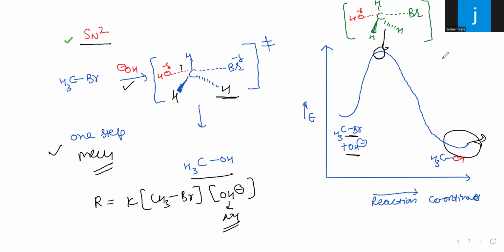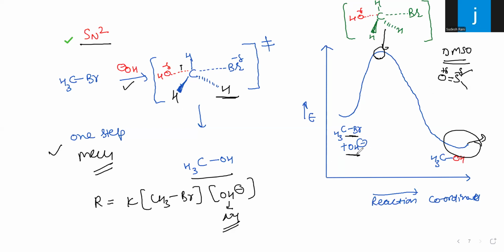Same, if this reaction is performed in DMSO, what happens? O, CH3, partial positive charge, partial negative charge.